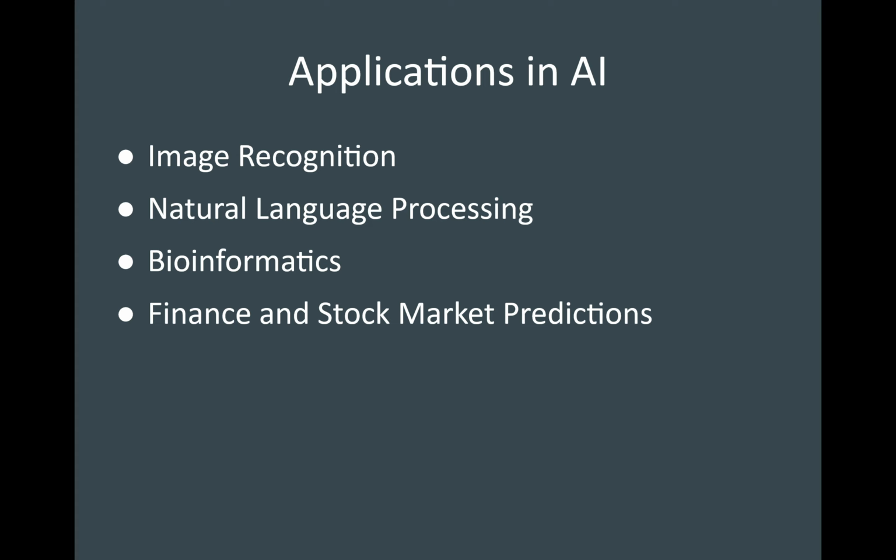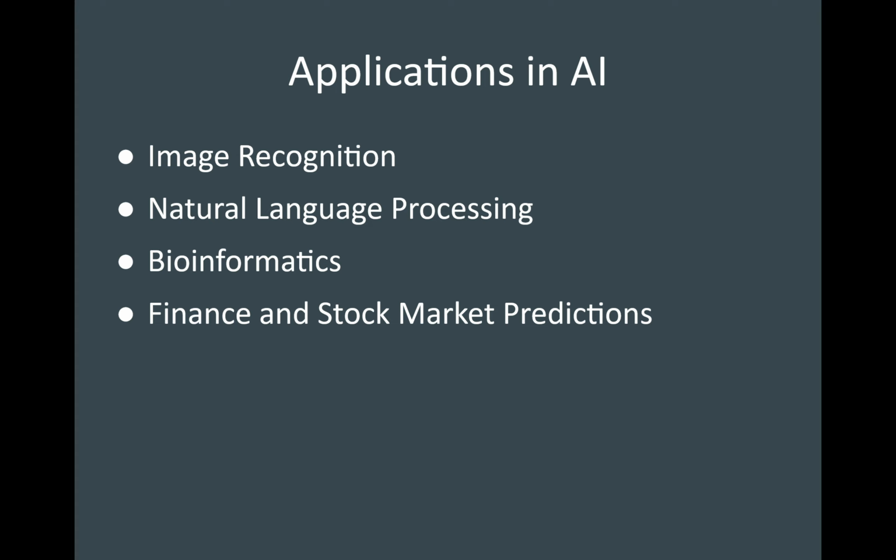Then there are NLP applications like text classification, sentiment analysis, entity recognition, and bioinformatics. SVMs aid in protein classification, gene expression analysis, disease prediction, and they are also used in finance and stock market prediction.